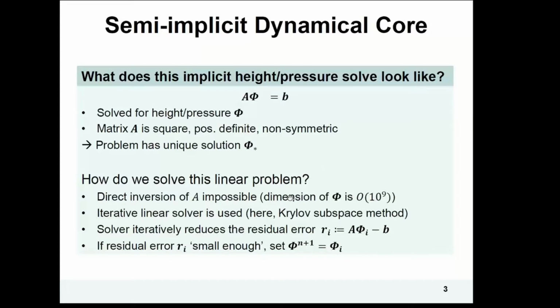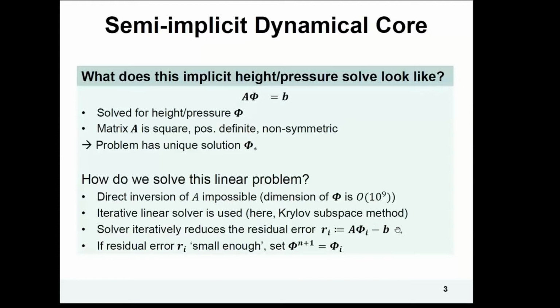So direct inversion of A is impossible simply because of the dimensionality of the problem, if you think about an operational weather forecasting system. So instead, iterative linear solvers are used, and here we especially talk about Krylov subspace methods.